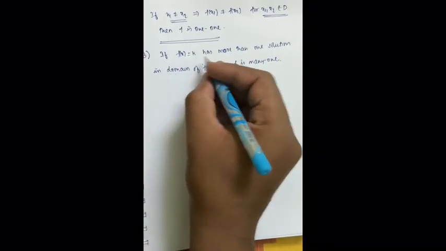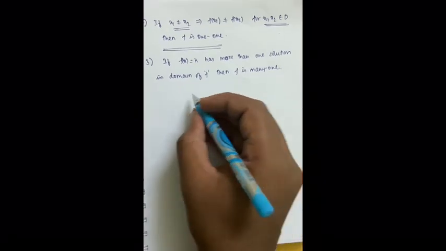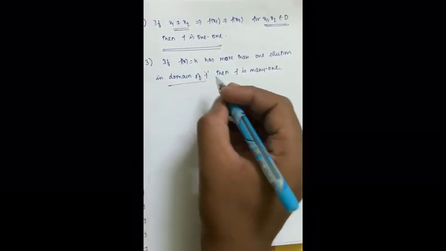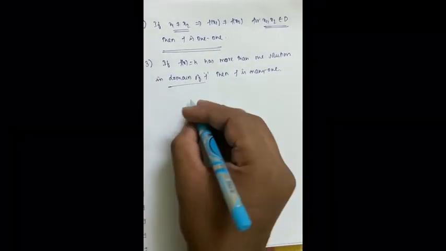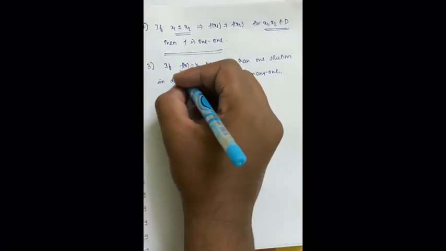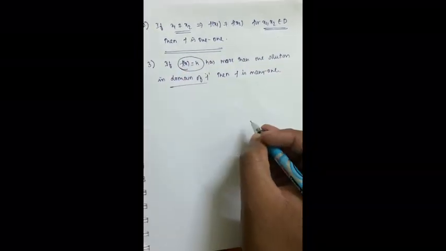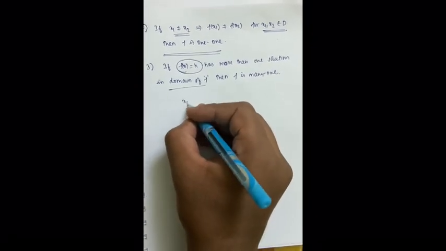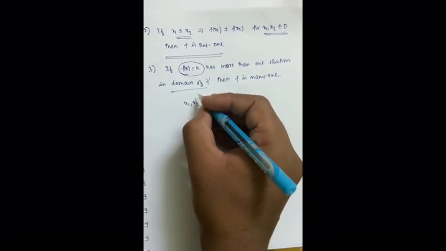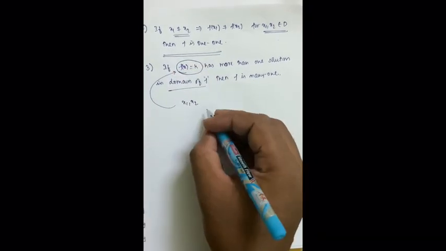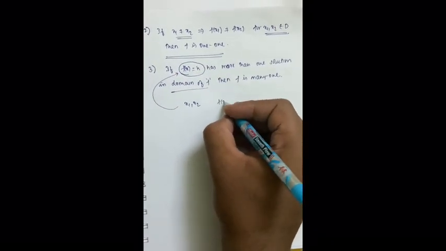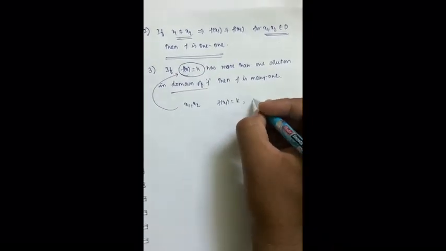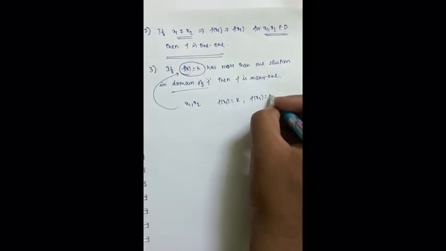If f of x equals k has more than one solution in the domain of f, what it is saying is that a solution is nothing but the value which satisfies the equation. If x1, x2 are the solutions to this equation, f of x equals k, that means f of x1 equals k and f of x2 equals k.